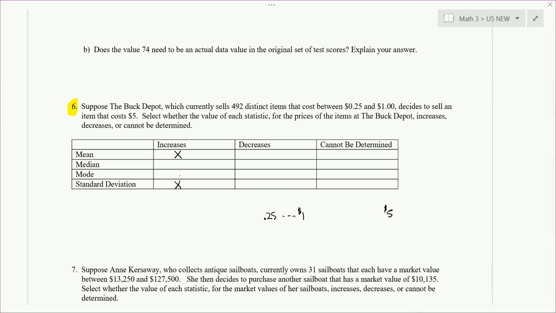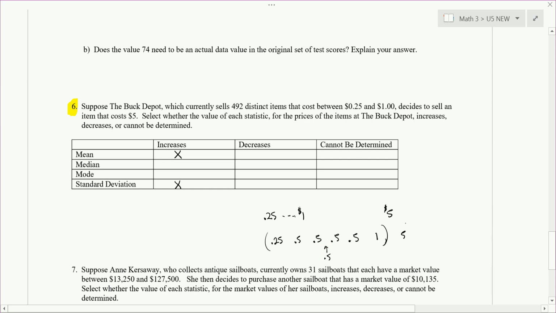The median is your middle value, and this one is hard to determine. For example, say we just had a smaller data set. Say we had 0.25 and some values in between, say 0.5, 0.5, 0.5, 0.5, 1, and then you added $5 to the bunch. Before the $5 was added in, the median would be at 0.5.